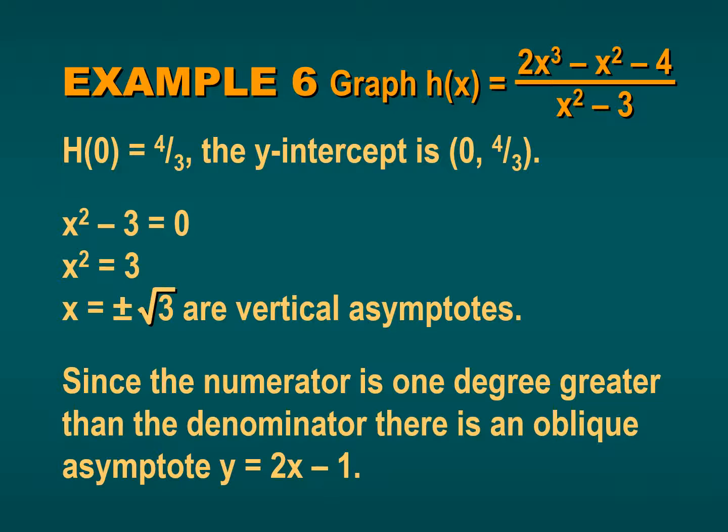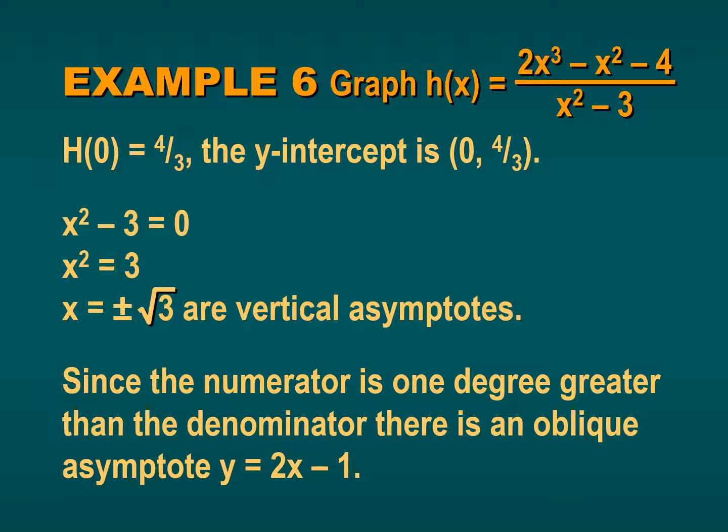In order to figure out our oblique asymptote, we have to divide 2x cubed minus x squared minus 4 by x squared minus 3. We do have to do long division to do that. And then after we do the long division, we end up with the answer 2x minus 1, which is our oblique asymptote.